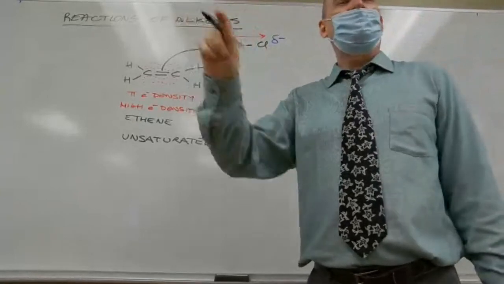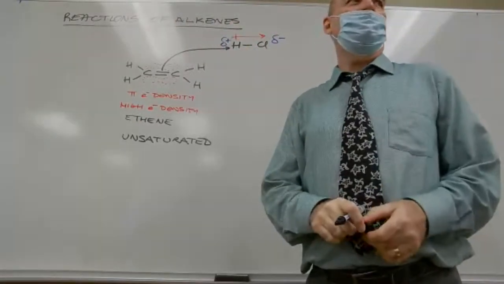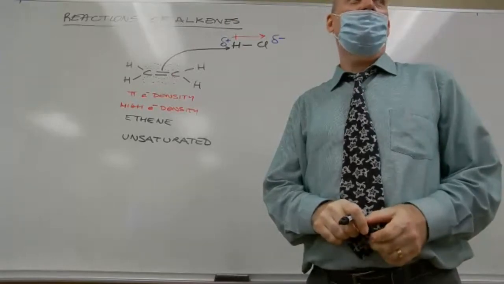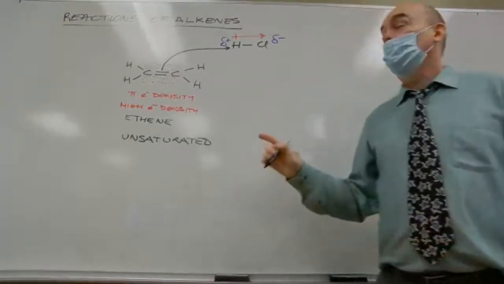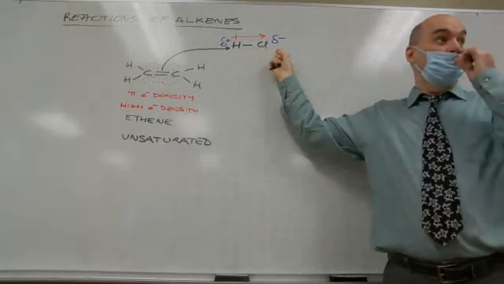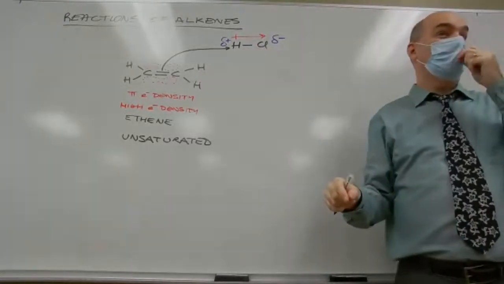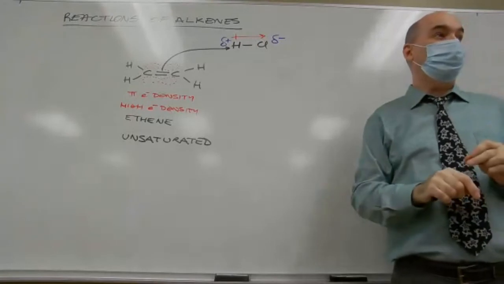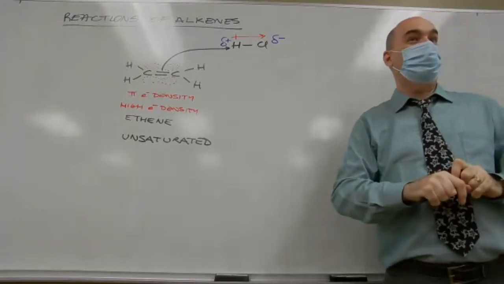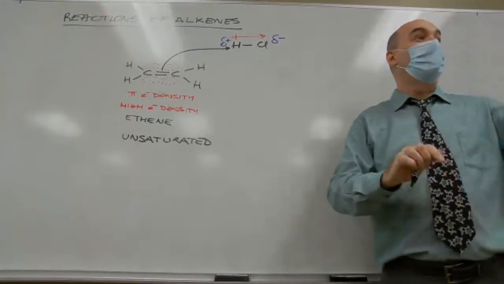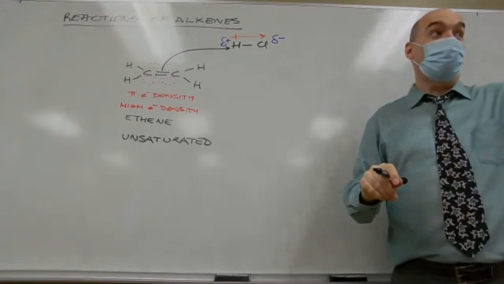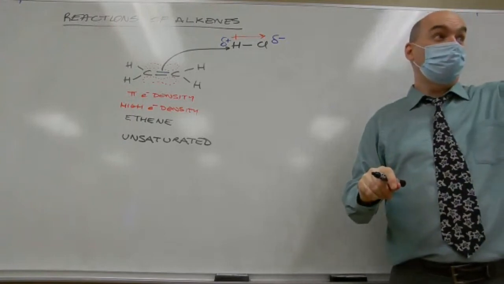But how many bonds is hydrogen allowed to make? 1. Hydrogen already had a bond, and now you're making a new bond to it. So what does it have to do? You're only allowed to hold hands with one person at a time.